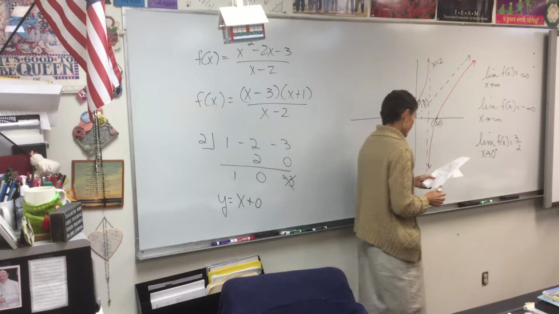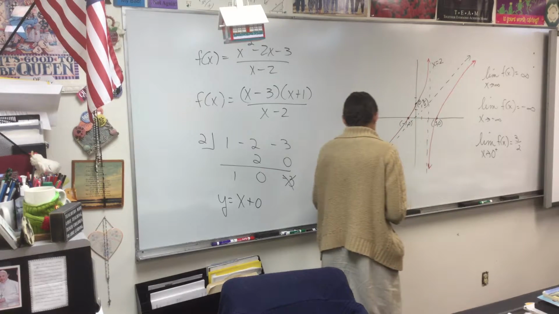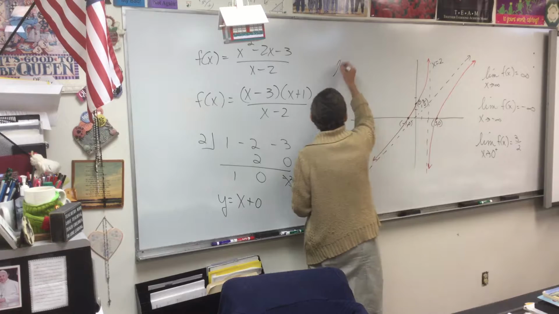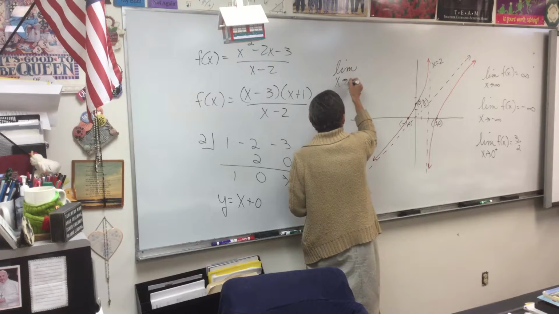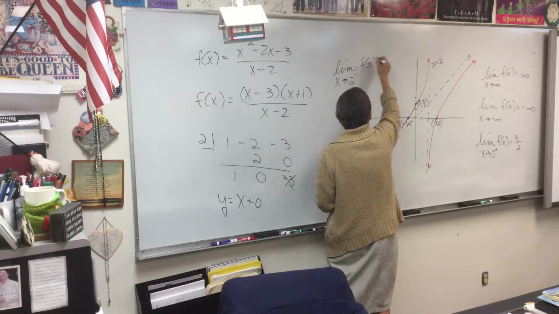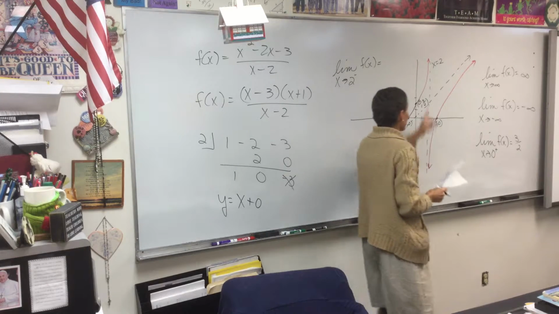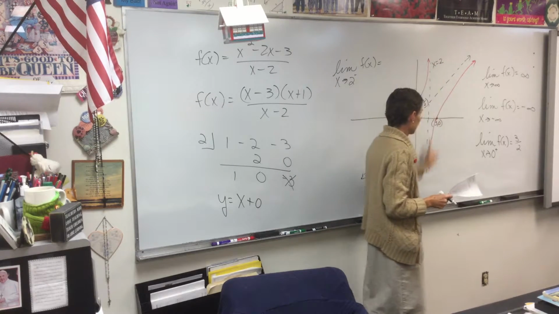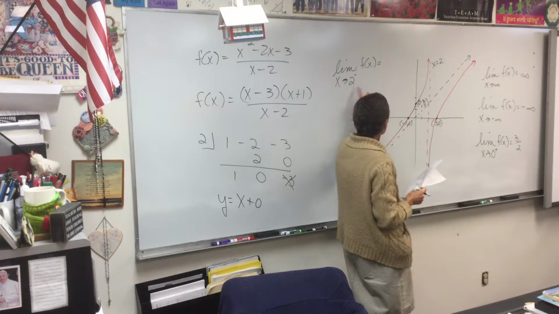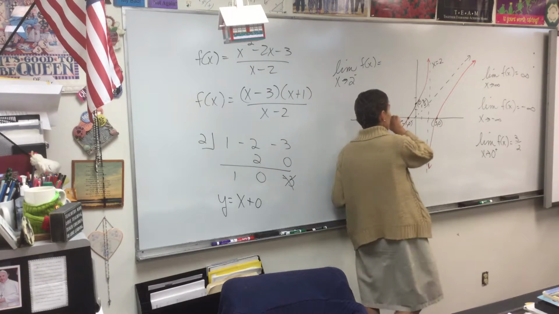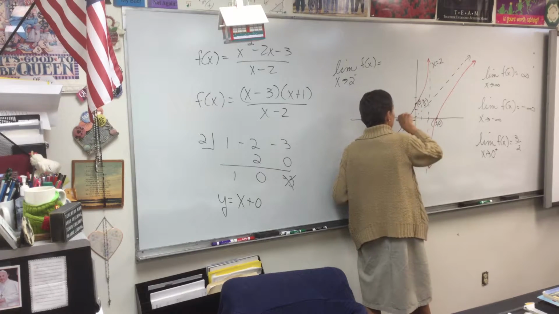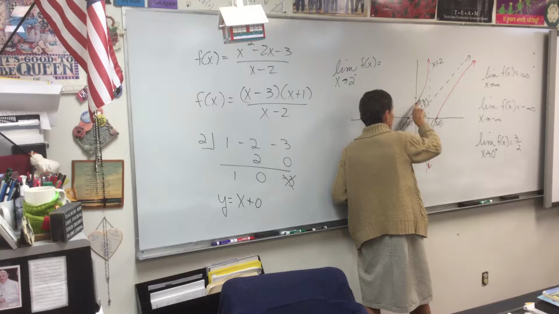All right, then we want to approach 2 from the negative side. Now that's a little bit different because what's happening at 2? I have an asymptote. Now I'm coming from the negative side, from the left side. As I get closer, watch your red curve.